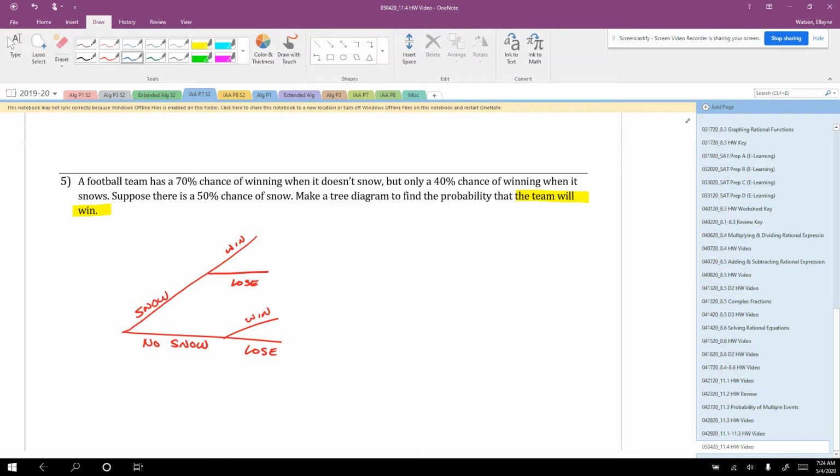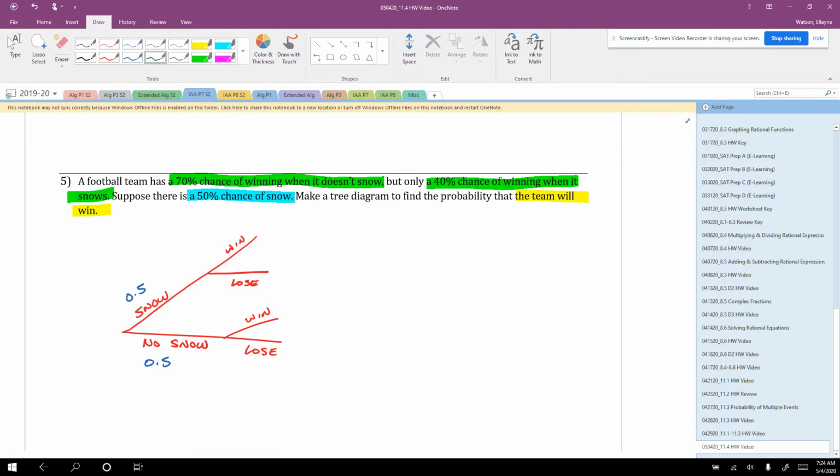So it says a couple things. Let's break this down. What's the percent chance of snow? 50% chance of snow. So this is 0.5, which means the chance of no snow is also 0.5. And then 70% chance of winning when it doesn't snow, 40% chance of winning when it does snow.